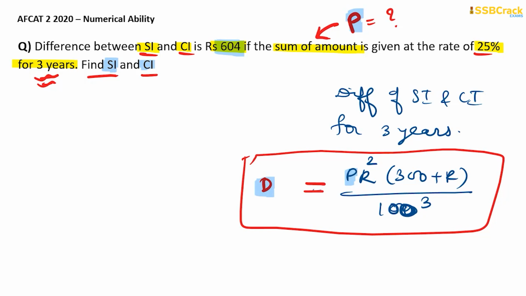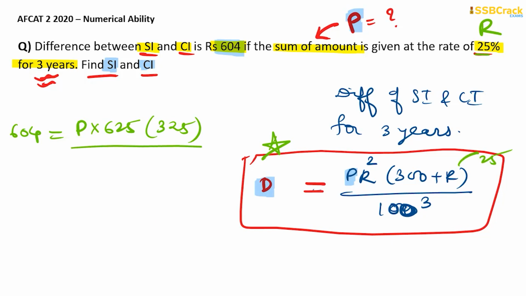So we have first of all this formula to employ here as discussed. So we have 604 equals P into R square. See, R is 25. So 25 square I'll write here directly, 625. This is multiplied by 325 because the value of R is 25 there.